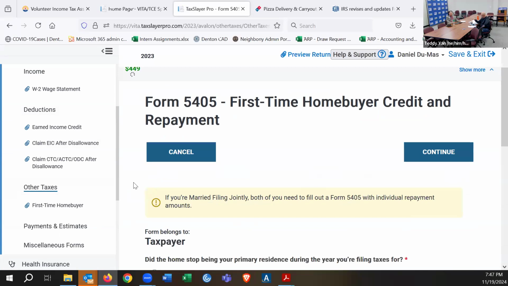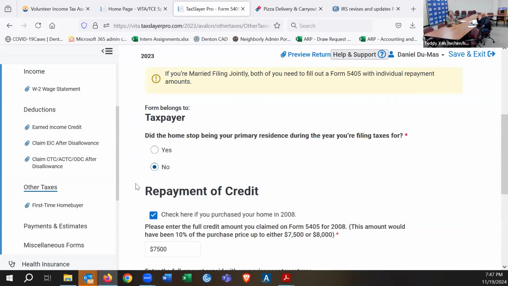And this is how you fill out the form 5405. The first question is, did the home stop being the taxpayer's primary residence during the year that you're filing taxes for? Because one of the rules is, if you sold your home that you acquired using the first-time homebuyer's credit, the entire remaining balance of that credit is due that year.